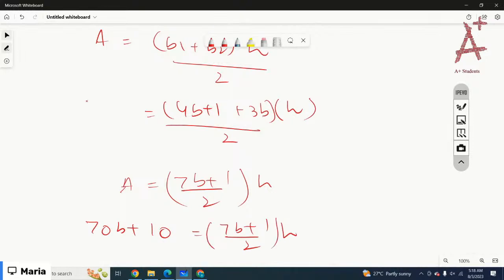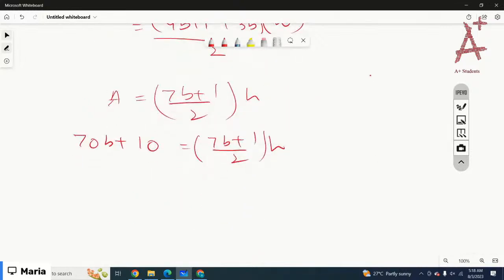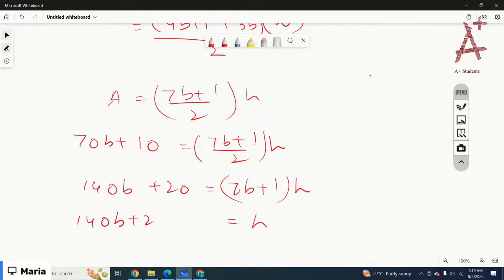Let's calculate the value of h. Cross multiply the 2 to the other side. So 2 times 70b is 140b plus 20 equals (7b plus 1) times h, so h is (140b plus 20) over (7b plus 1).